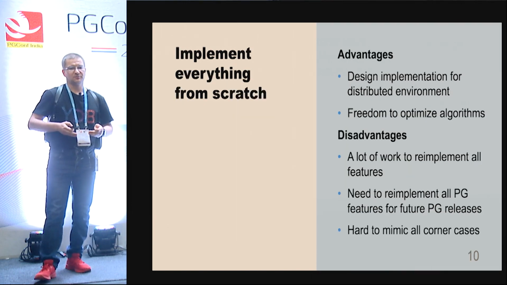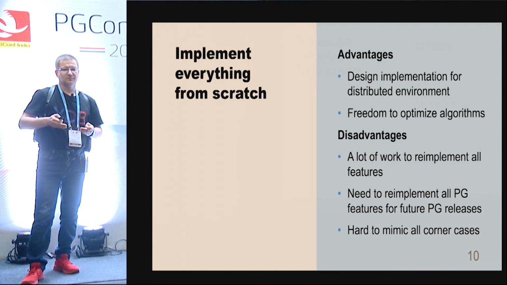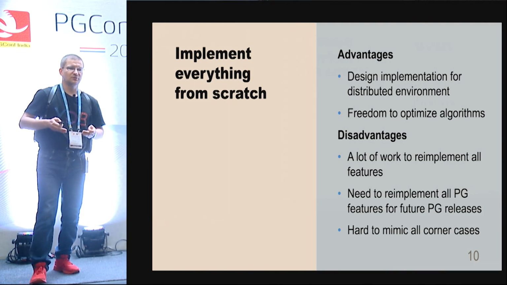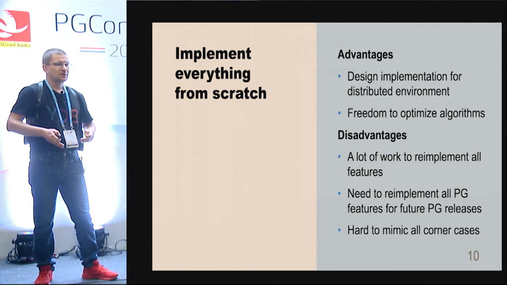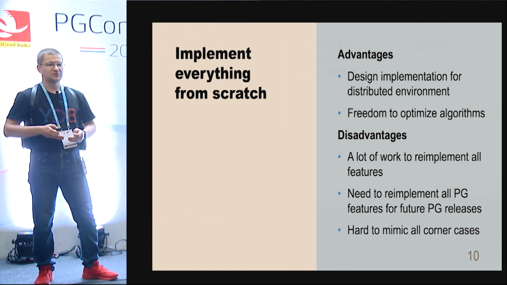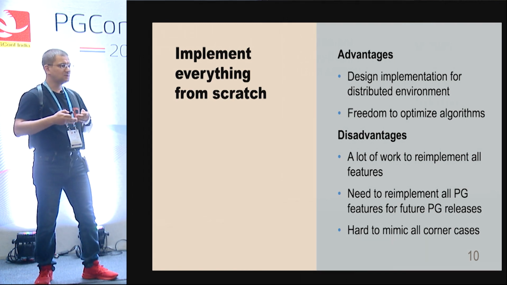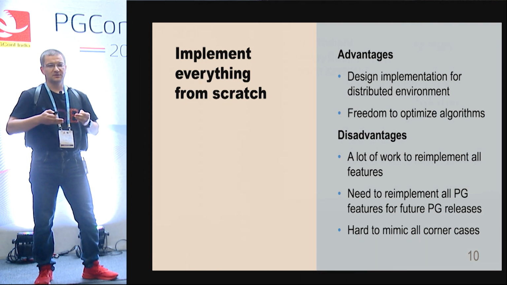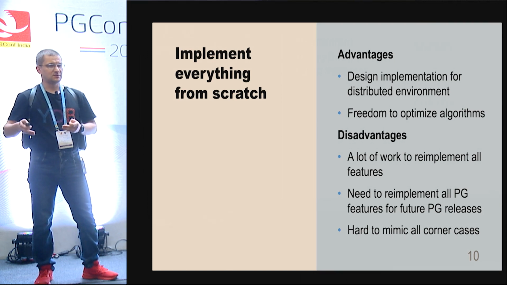Let's review the advantages and disadvantages of other approaches to Postgres compatibility implementation. The first: we can implement everything from scratch, similar to CockroachDB. The advantage is that it's an interesting way, and we can design every function for native integration within the existing code of a distributed system.